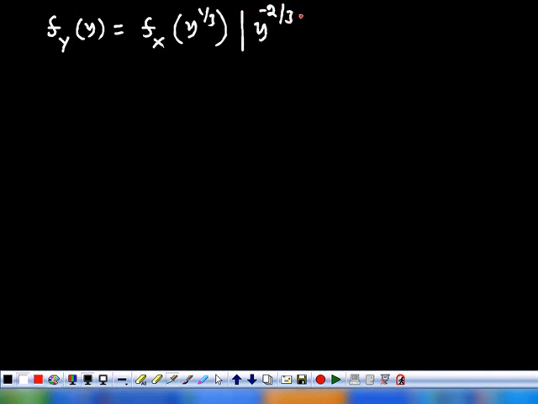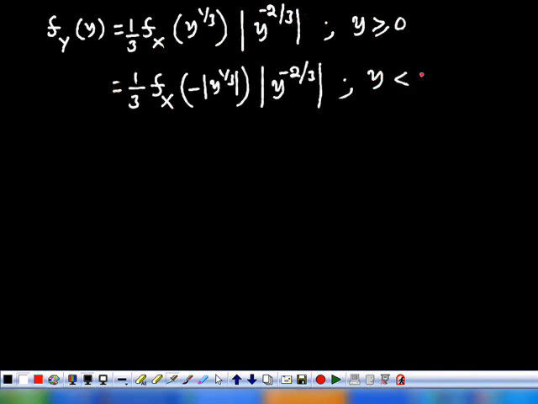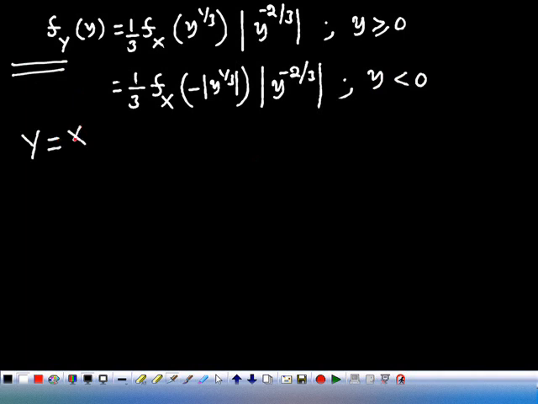Is it? This is for y greater than or equal to 0. This is for y less than 0. Therefore, this is the density function of the random variable y when y is equivalent to x cube. Strictly speaking, this is the case, that is, we can consider it as when y is equivalent to x power n.